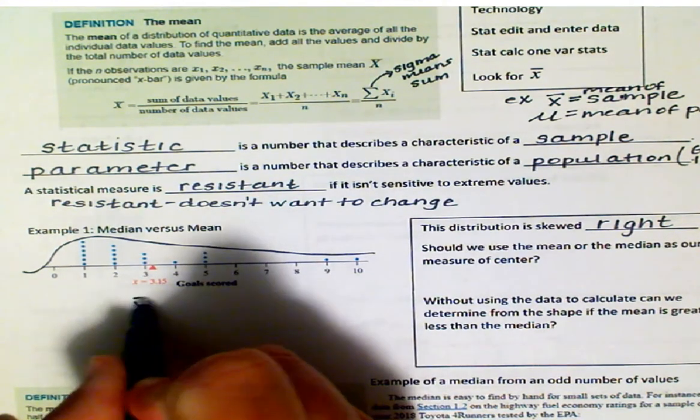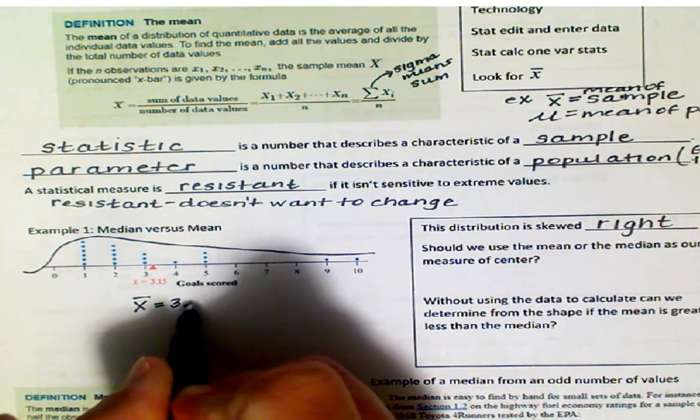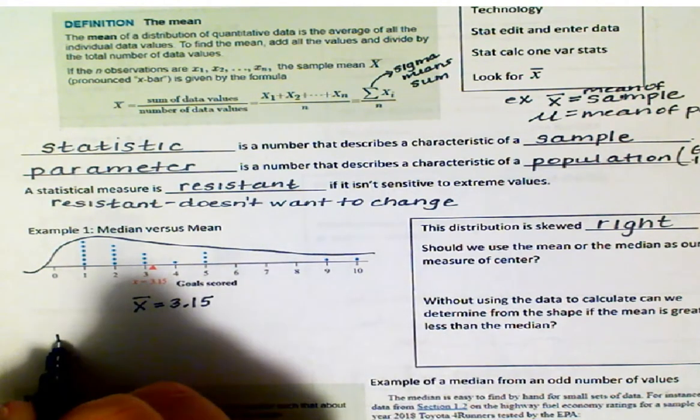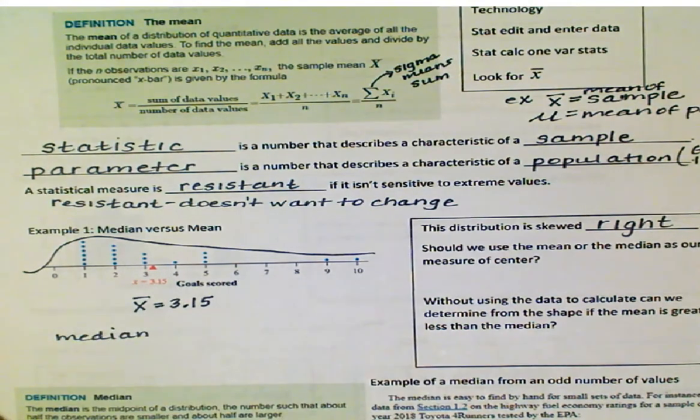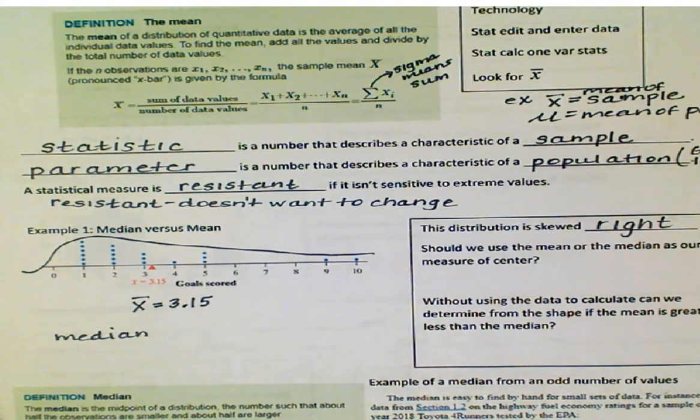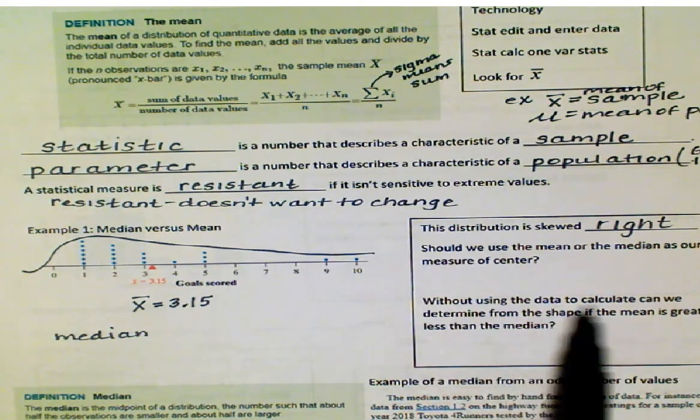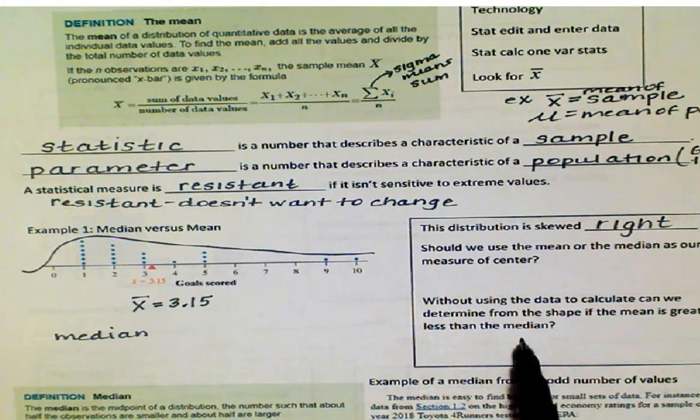So we know the mean is 3.15. Now we're going to talk about the median, which I'm not sure you remember how to calculate, but the median is the middle term or the midpoint. Without using data calculations, how can we determine if the mean is greater or less than the median?